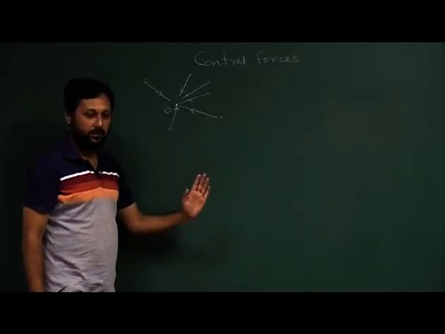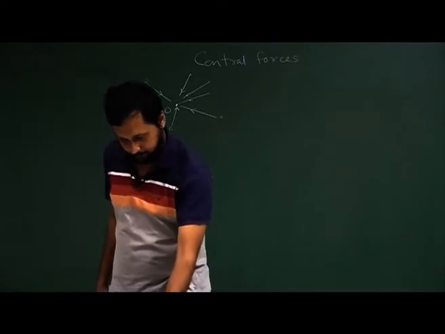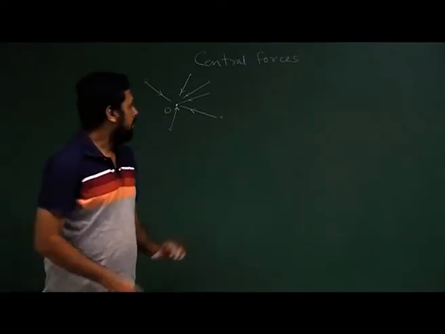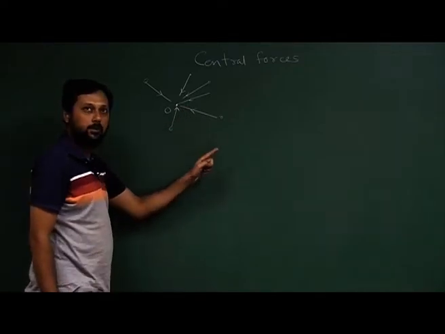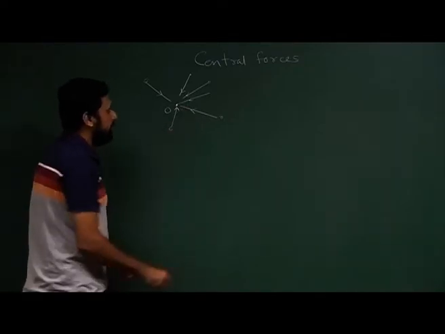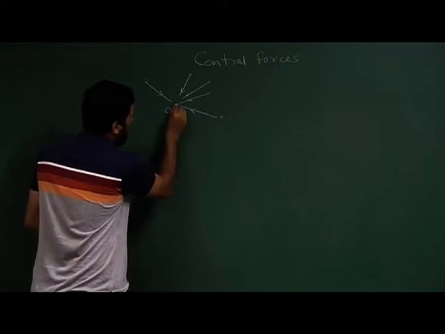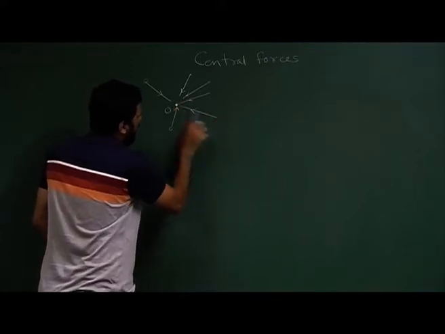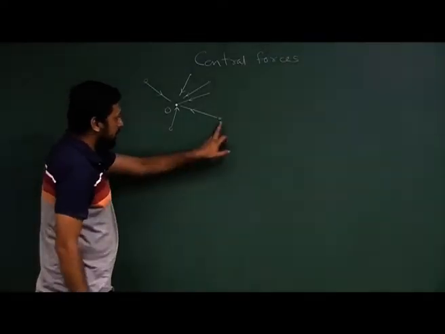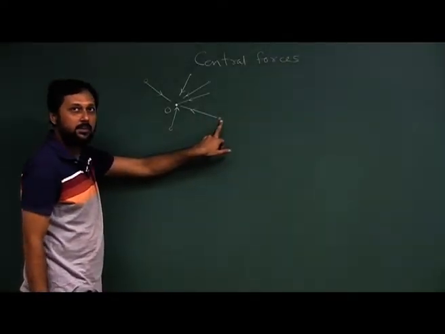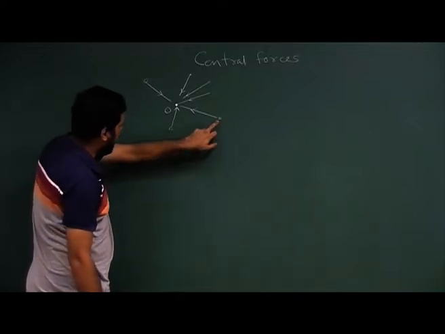Now, central forces essentially means that it should always point towards or point away from a fixed point. That means essentially it will work along a line joining the origin and the object in question. So, if this is the point mass in question, then the force will be along this.